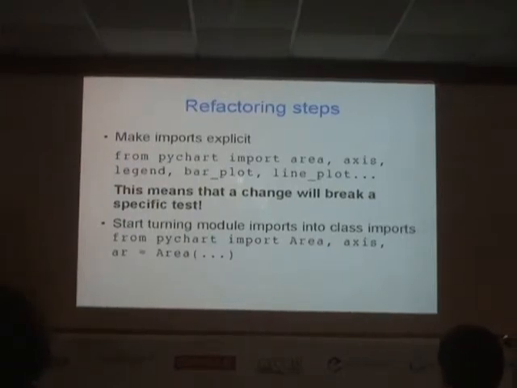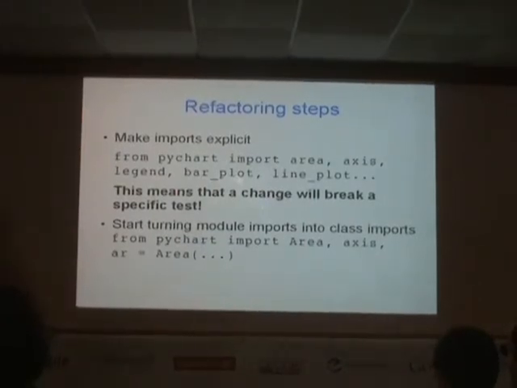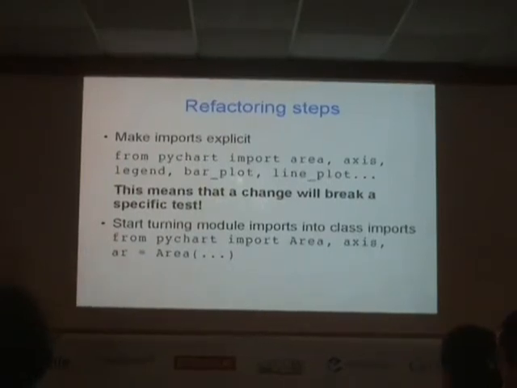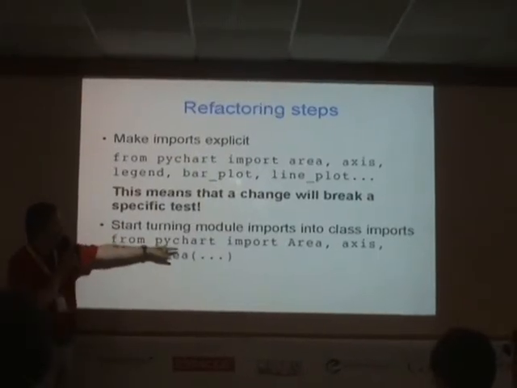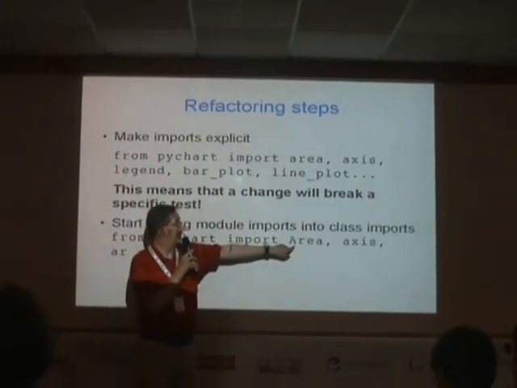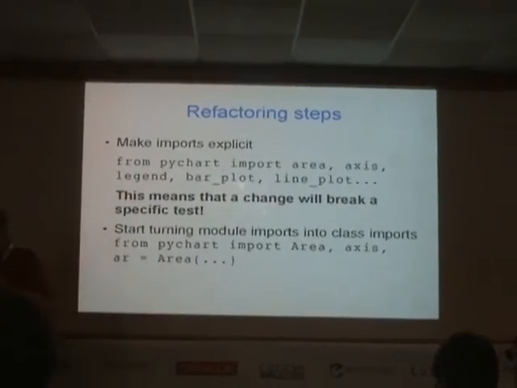So then I also want to turn these module imports into class imports. So instead of the from PieChart import area, I want from PieChart import capital Area, which is the class import instead of the module import from up there.